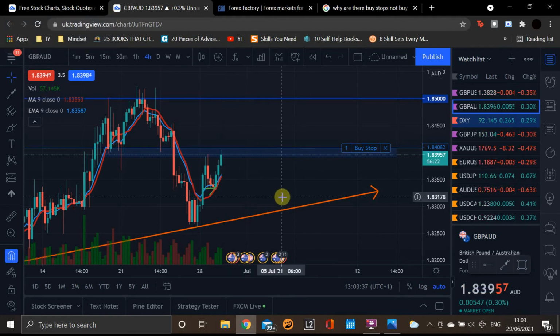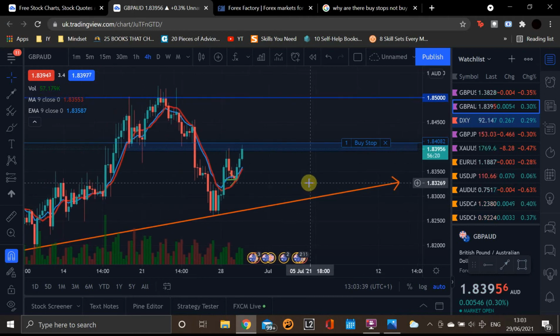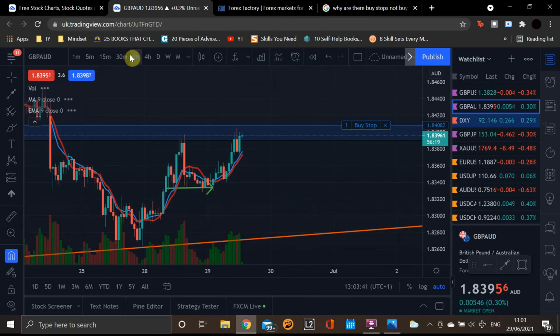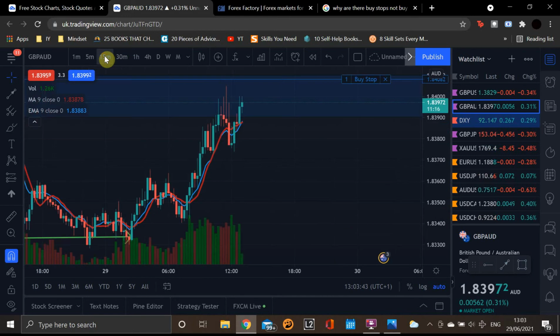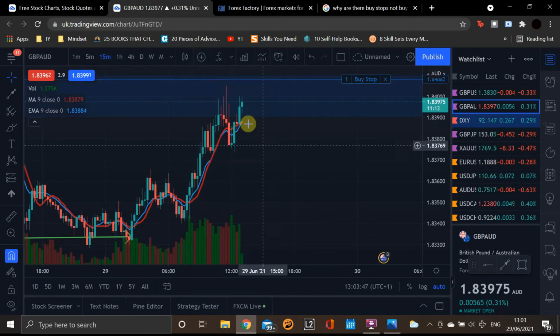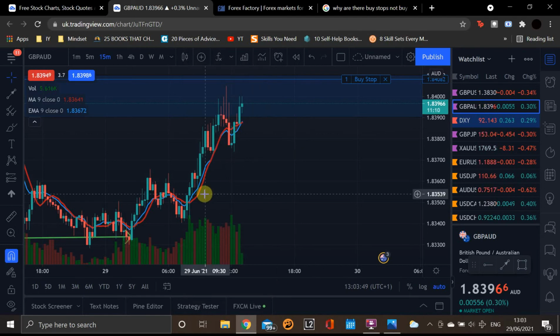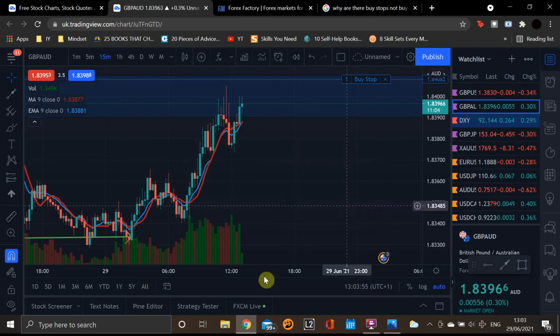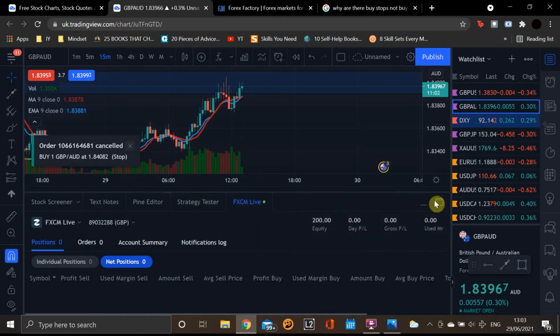I don't see why not. Take this 30-minute away. It's the most random. Couple doji candlesticks here. I need to fix this. I don't understand what's going on. It keeps putting buy stops. It's very, very annoying.